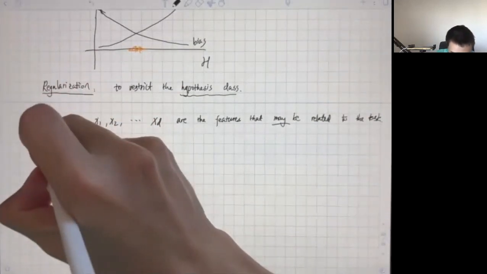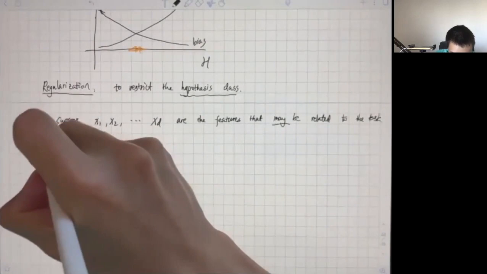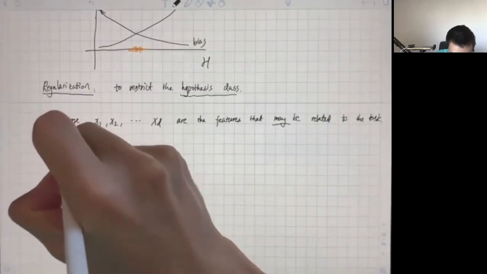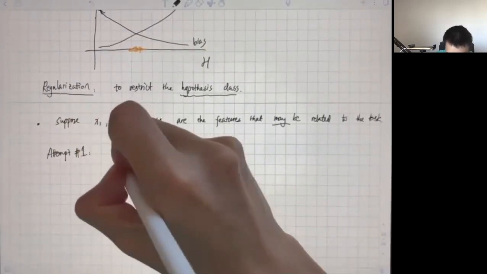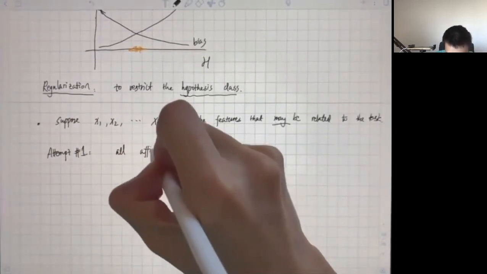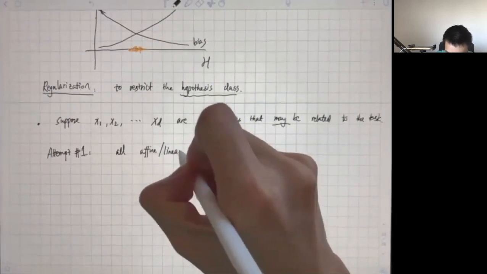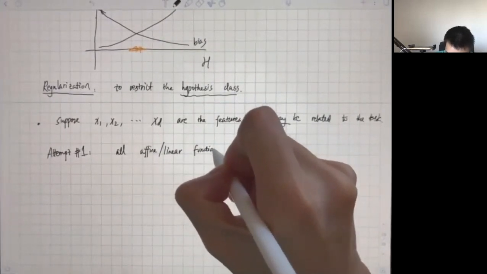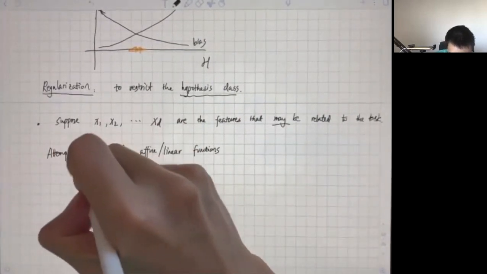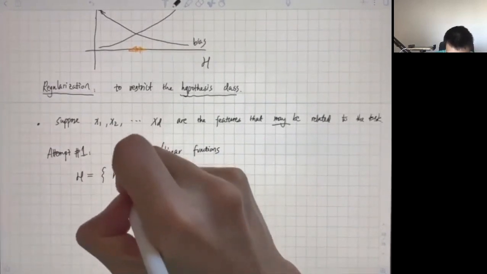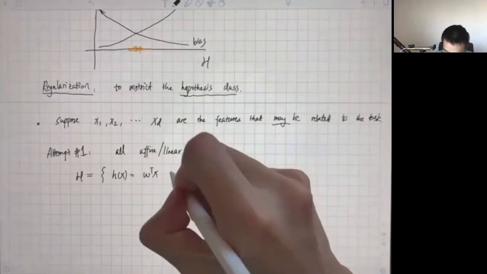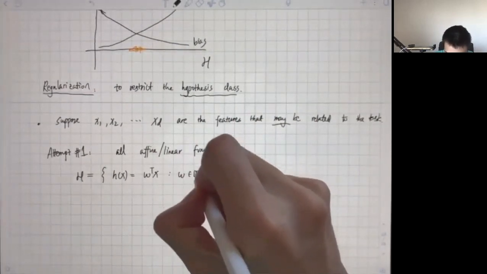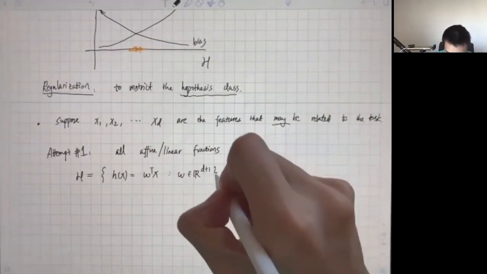Our first attempt in previous lectures is all affine functions or all linear functions, just like the hypothesis h of x is w transpose x, in the extended space, where w is in R to the d plus 1.